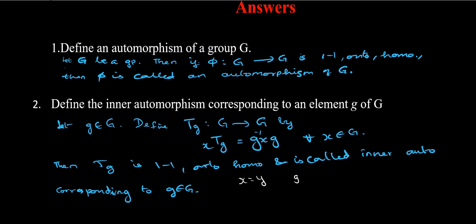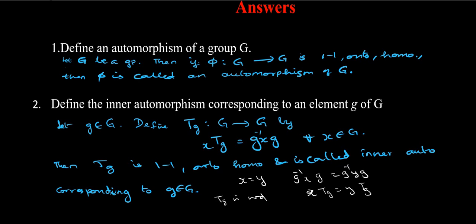Then pre-multiplying by g inverse and post-multiplying by g on both sides, this is what we get: g inverse y g. So this is nothing but the image of x under Tg, and this is nothing but the image of y under Tg. So this shows that your Tg is well defined.